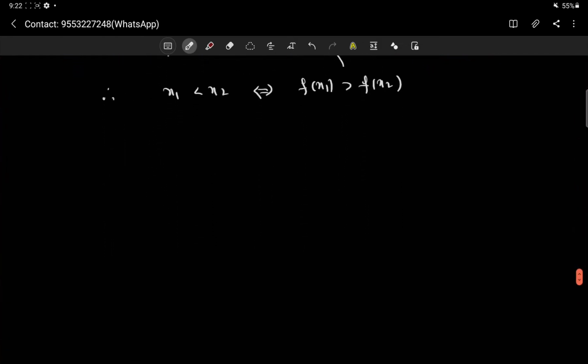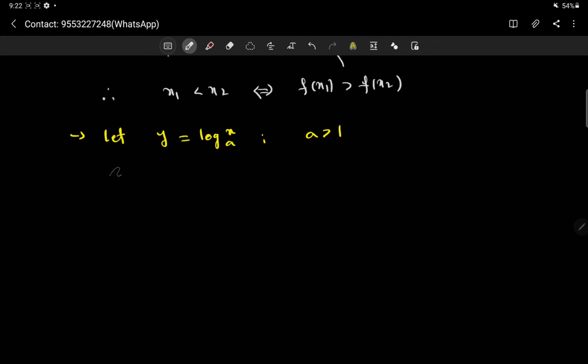Now we are going to discuss about logarithmic function. See here, let y is equal to log x base a. Here base is greater than 1, suppose. Now we are going to take the graph of this function when base is greater than 1.